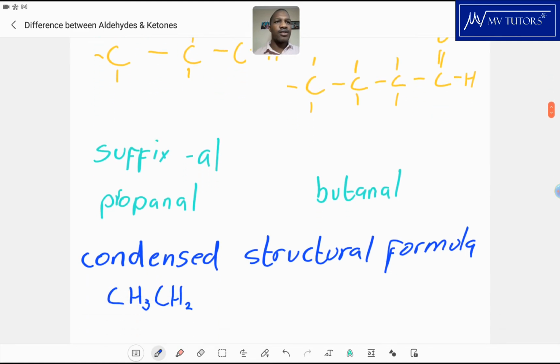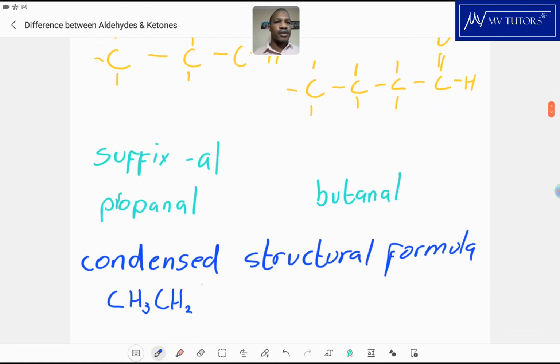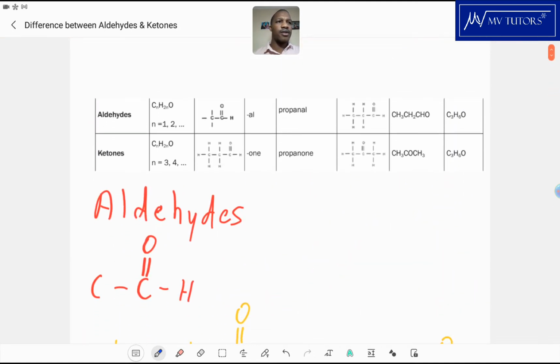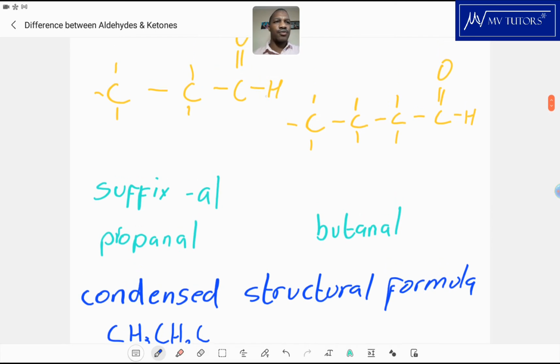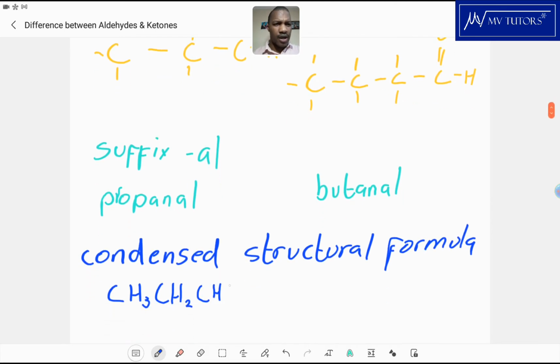And for the last one, the way you write this one is that you start with the H. It's always CH, and then you put the O at the end. This is very important. You don't put OH, because that would make it an alcohol. So you have to put it as HO at the end.